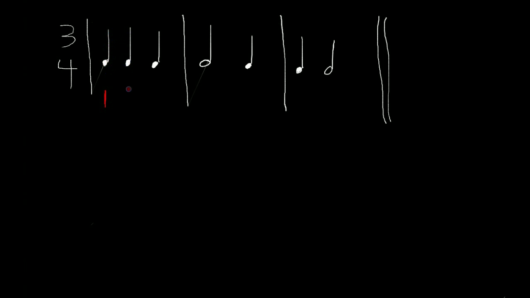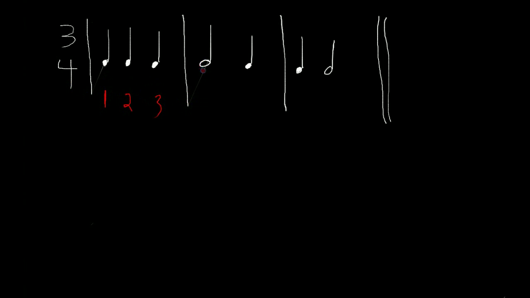Second beat comes right there on that quarter note. That'll be 2. And then the third beat is this quarter note right here, 3. And then we're done because remember we're in 3-4. So in all the other examples we've been numbering 1, 2, 3, and then we've had 4 coming the beat after. But because we're in 3-4, there are only 3 beats in a measure. So we just number 1, 2, 3, like that.